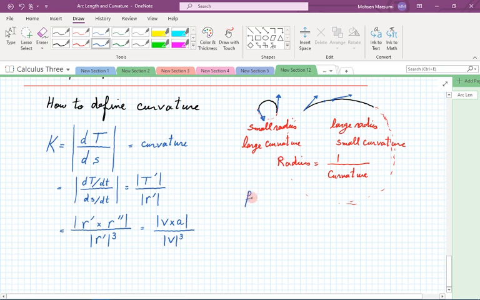So for our traditional y equals f of x, which is most often how you write your curves in 2 dimensions, your K turns out to be f double prime in absolute value over (1 plus f prime squared) to the power of 3/2. So this is essentially that, the denominator representing this.